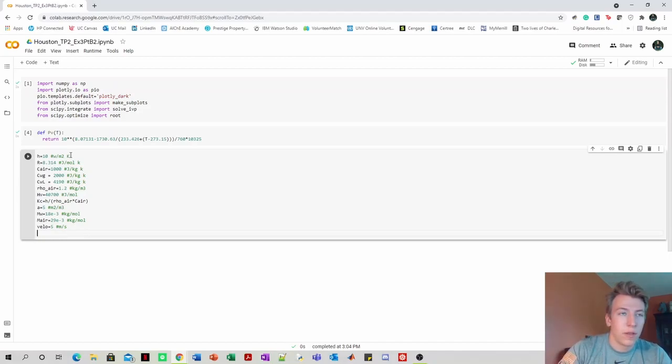We also know the liquid flow rate, which was given to us at 0.5 kilograms. Is it kilograms? Yeah, okay. Kilograms per meter squared seconds.